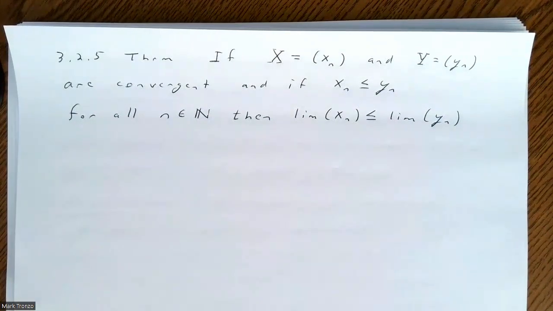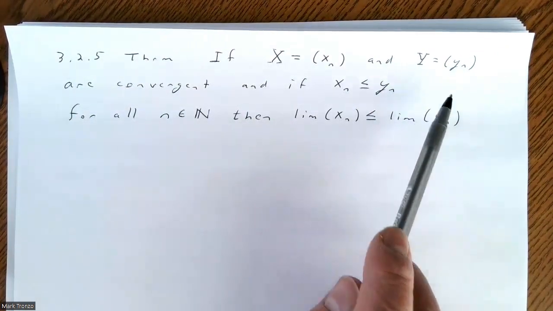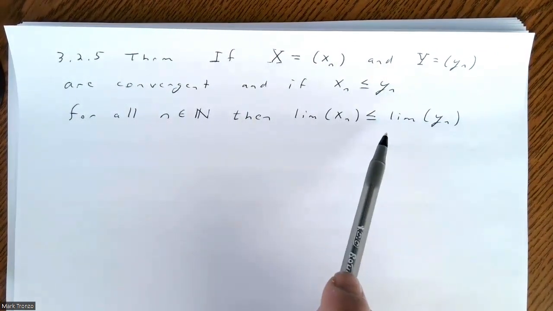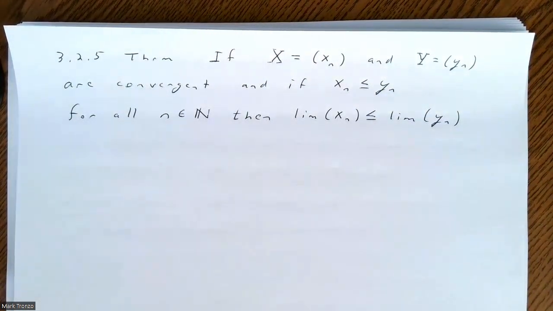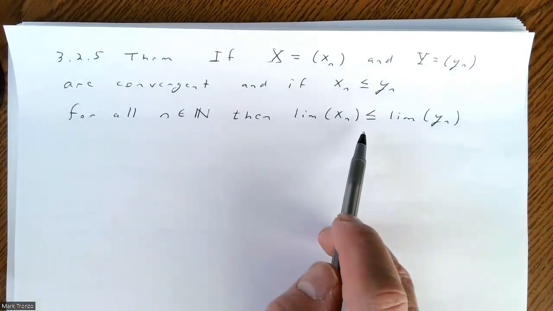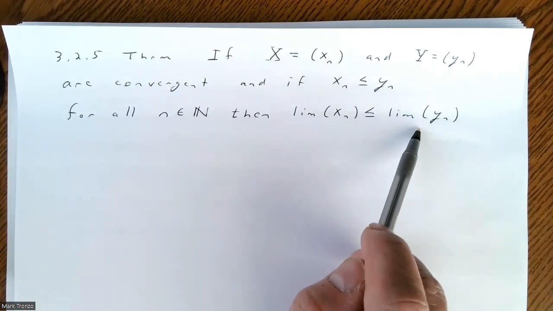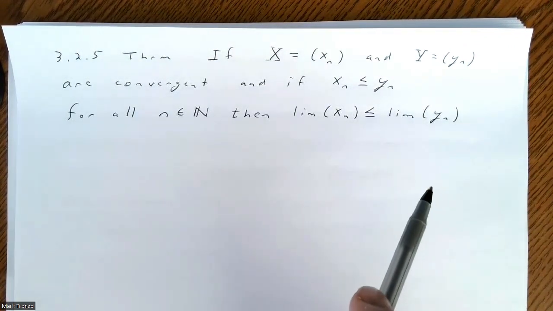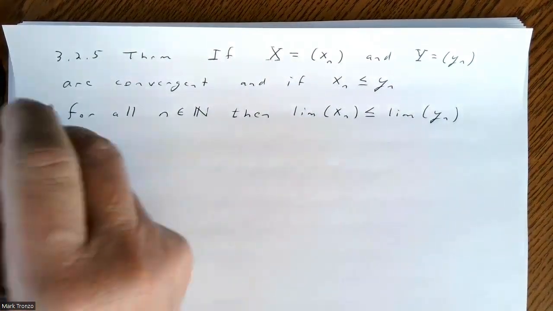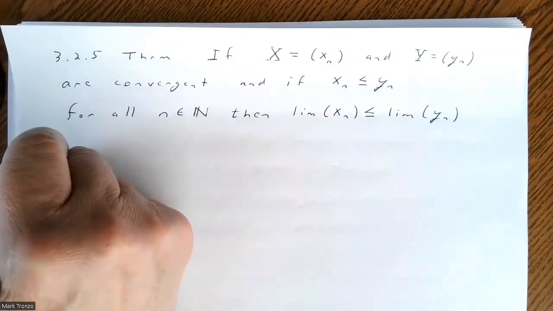Again, you sort of used this a little bit in Calc 2. The idea is, if all the members of the sequence X are smaller than Y, then the limit is going to be less than or equal to the limit of the other one. They could be equal, but you can never have the limit of Xn greater than this one. And another theorem.